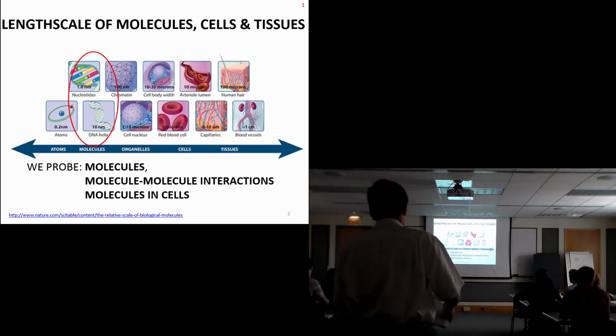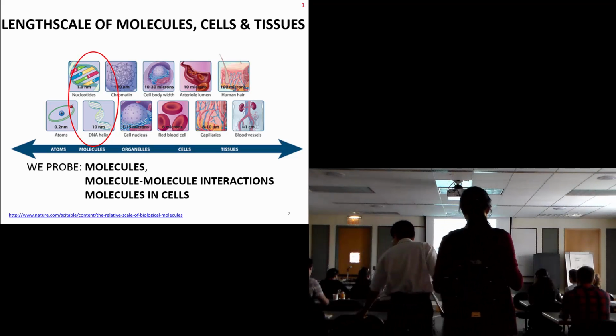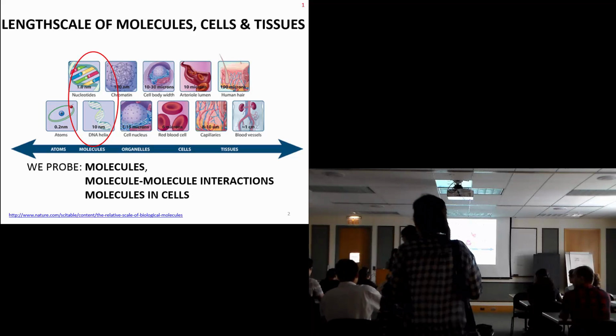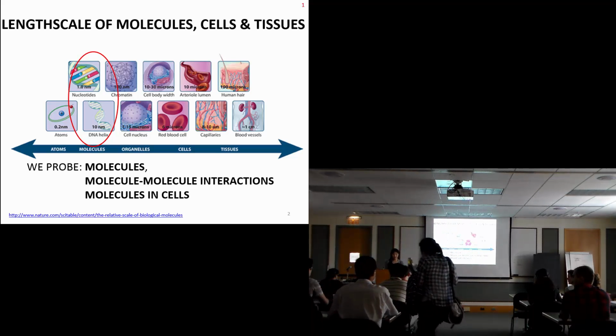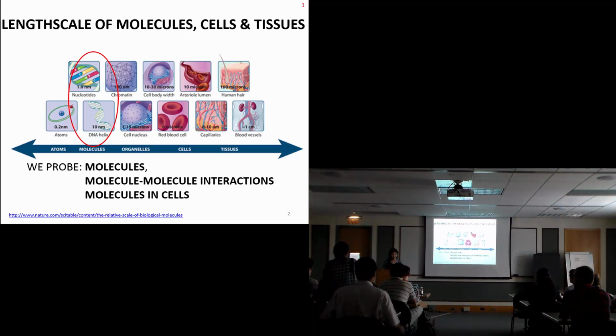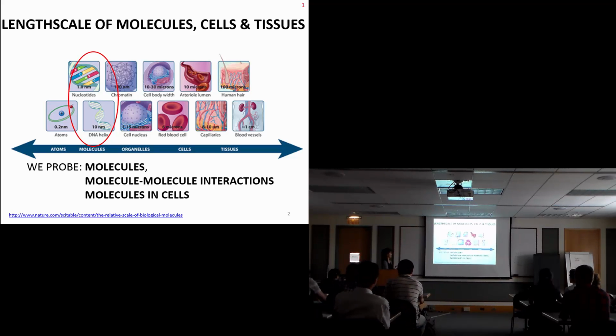But we try to focus on visualizing individual molecules to get a more quantitative idea about various interactions and pathways. All right. So in this morning's talk, I guess you will see this span of length scales in different talks.